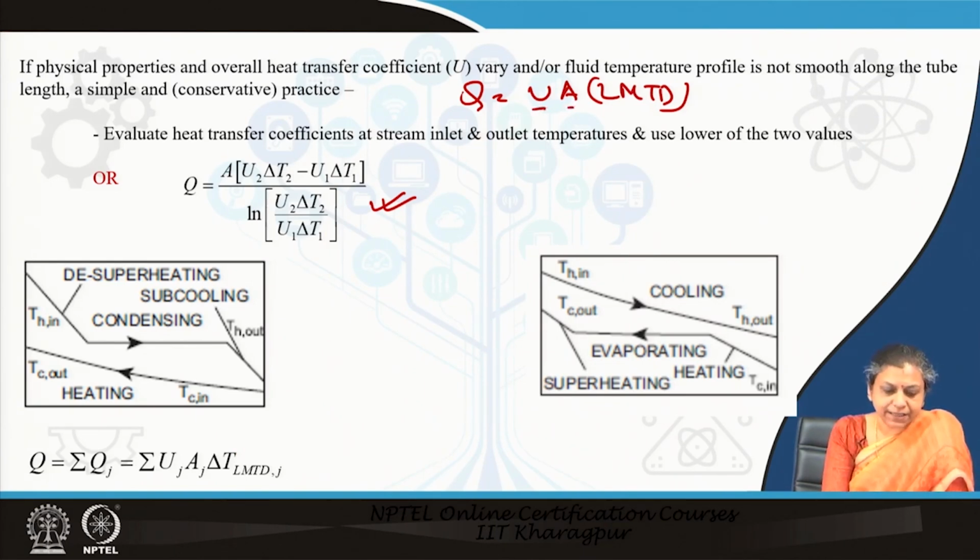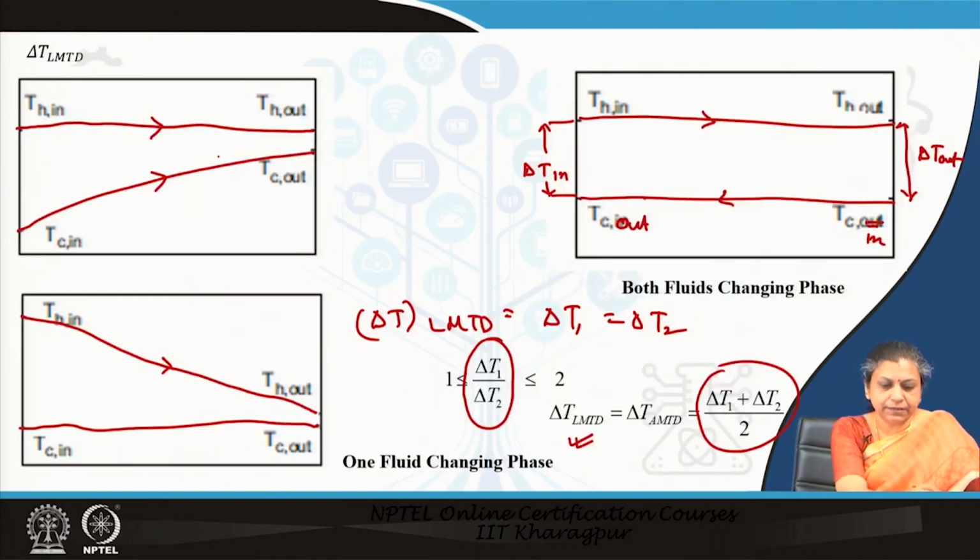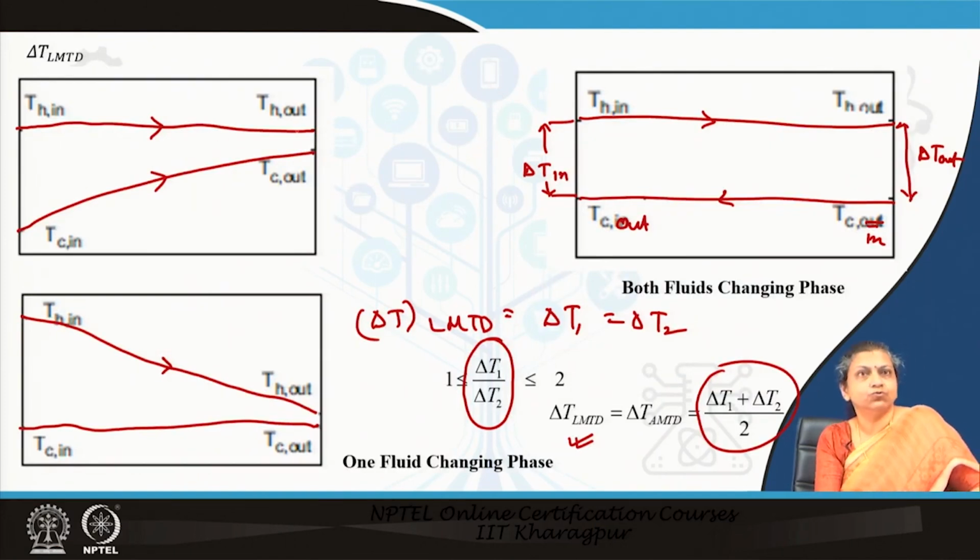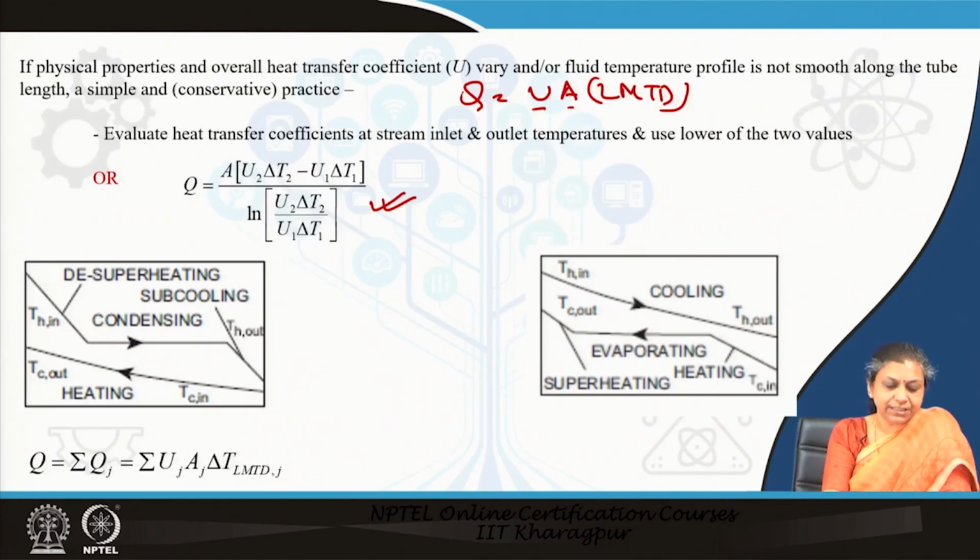Remember one thing, LMTD was defined only when the temperature profile is smooth or continuous throughout. Suppose we take some particular hot fluid in order to heat the cold fluid. The hot fluid, say, is a vapor.